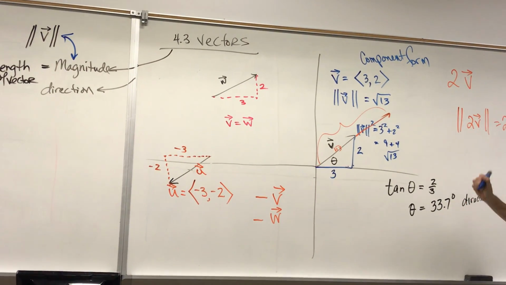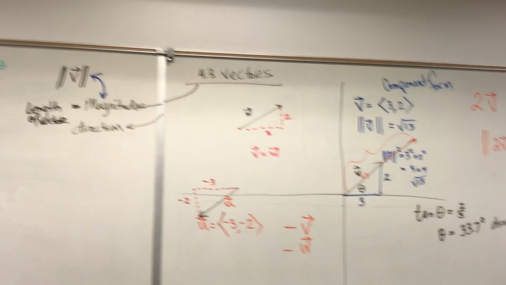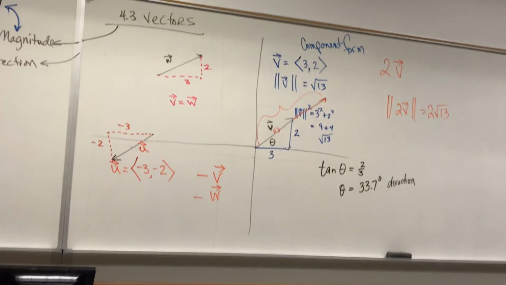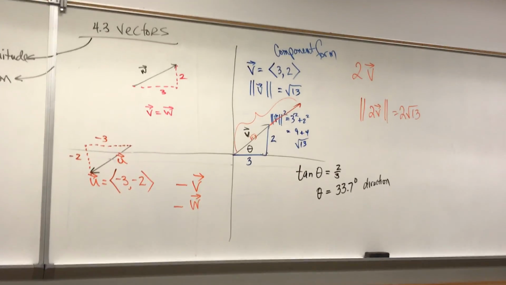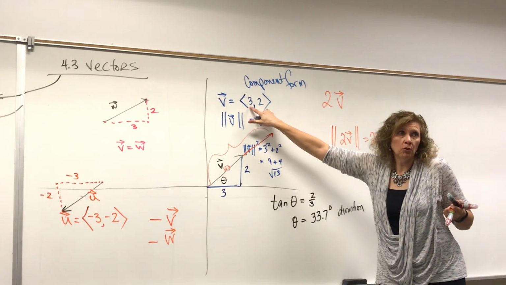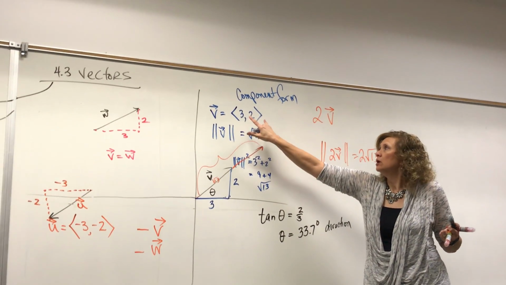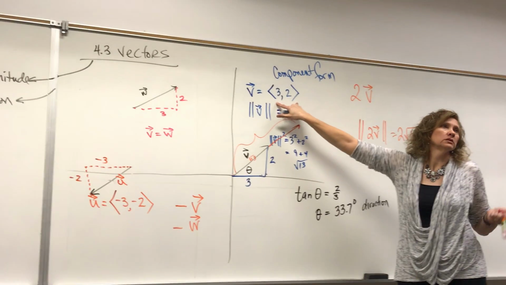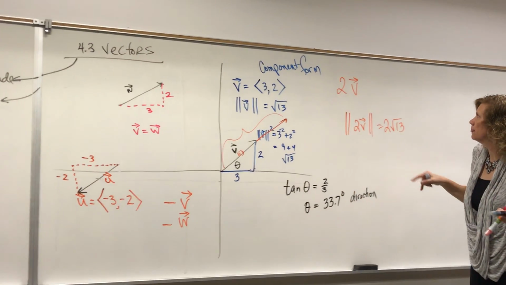This right here is component form. So it's going to tell you your horizontal component and your vertical component, just like x comma y. We distinguish it from a point by using angle brackets. Okay, so if I've got angle brackets, it's a vector. Okay.